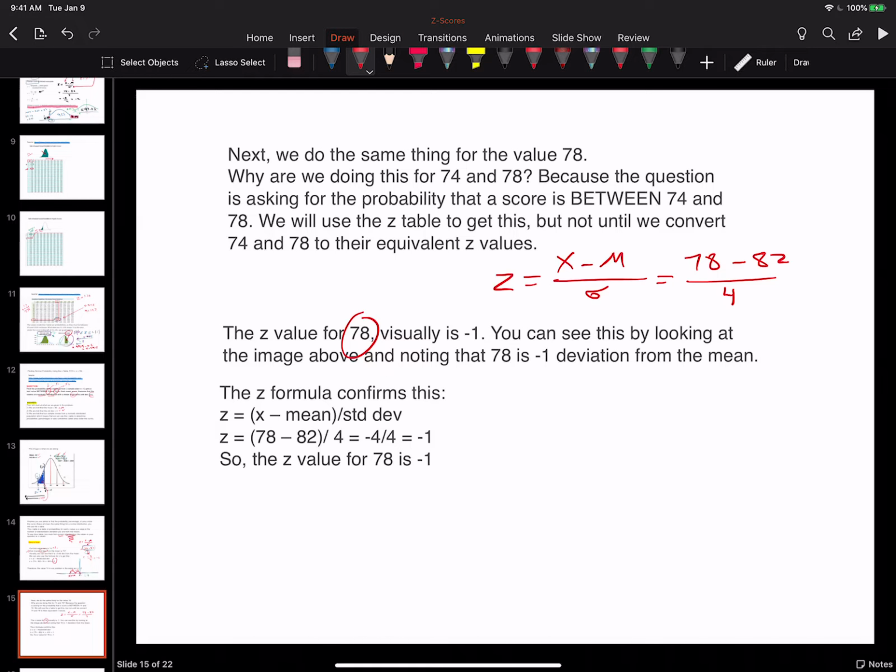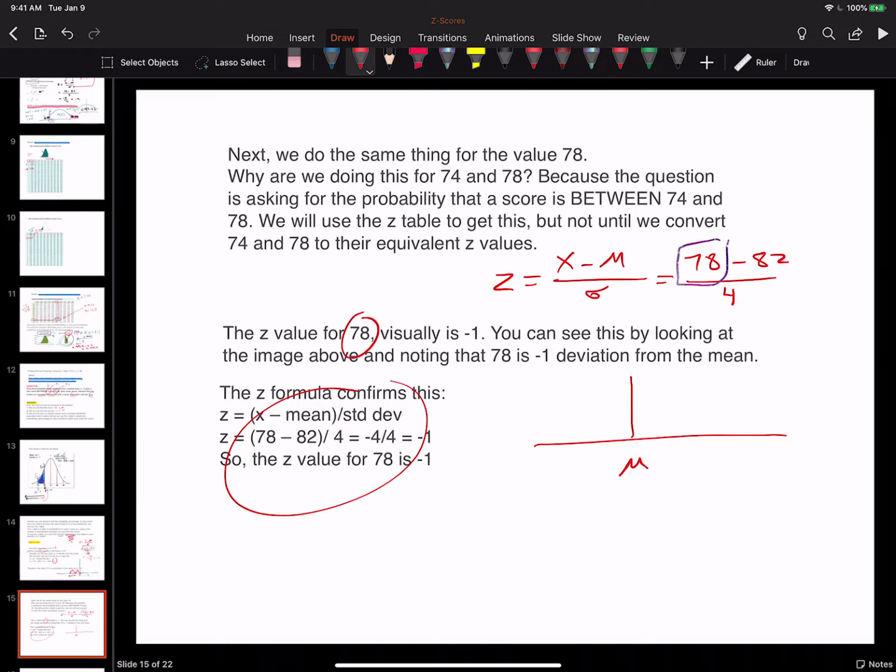I know you could subtract and it's already done right here, but let me explain. If you are here at the mean or mu, and clearly you are at 78, 78 is still to the left of 82.